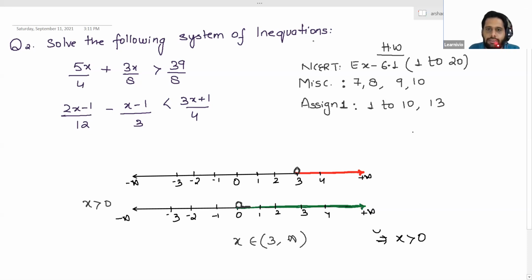Okay, that's it. So you need to do the NCERT exercise 6.1. Again, NCERT miscellaneous, question number 7, 8, 9, 10, and then assignment 1, question number 1 to 10 and 13.